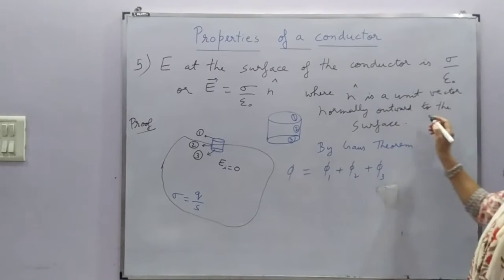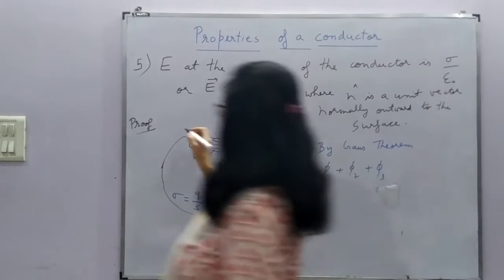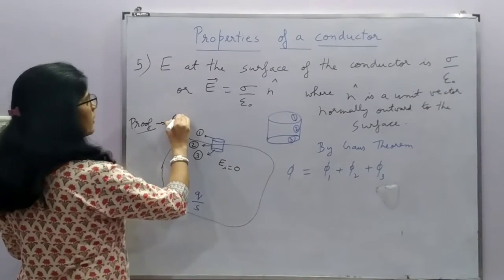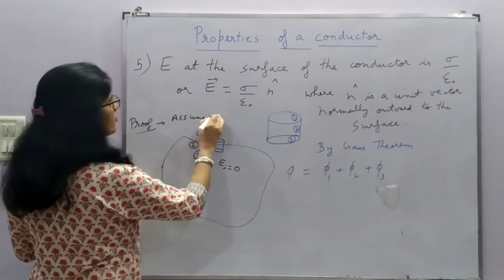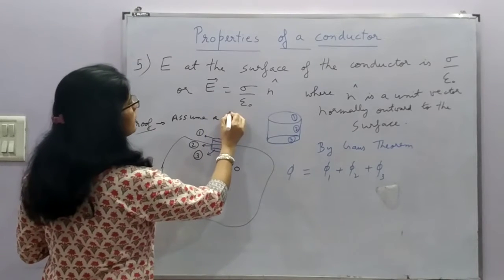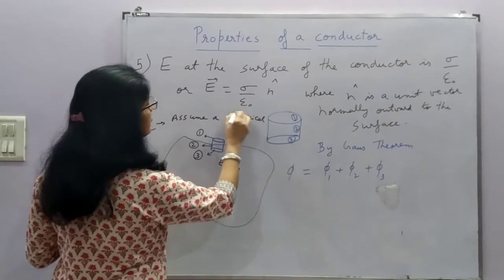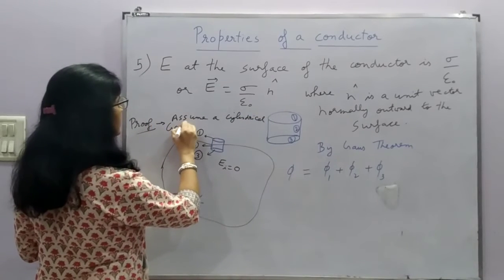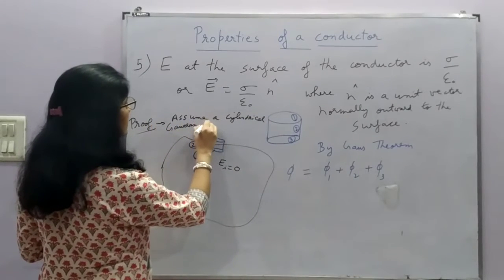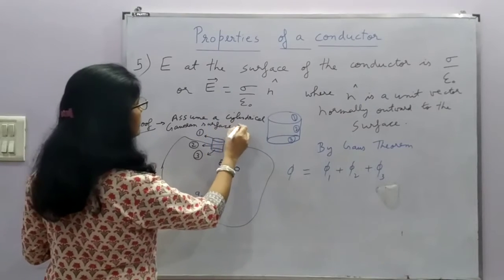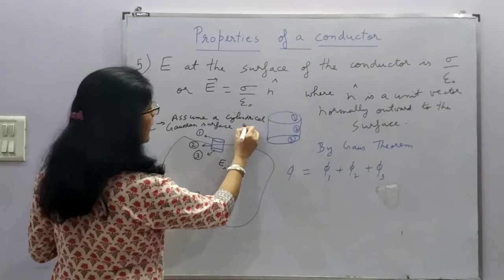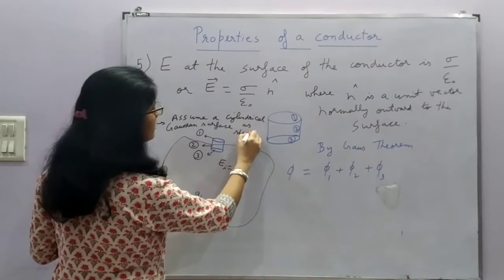And what is this here? So we have considered, assume a cylindrical Gaussian surface as shown in the figure.